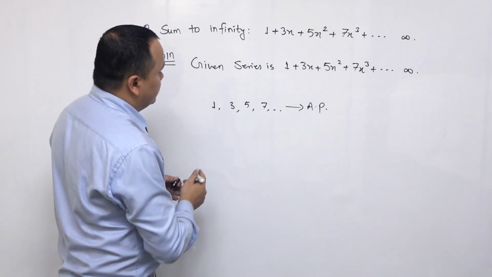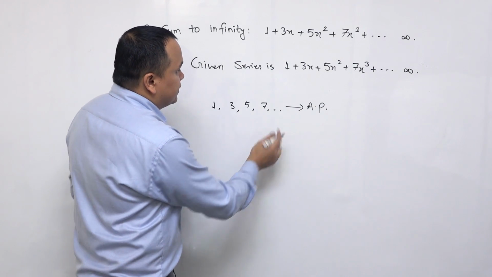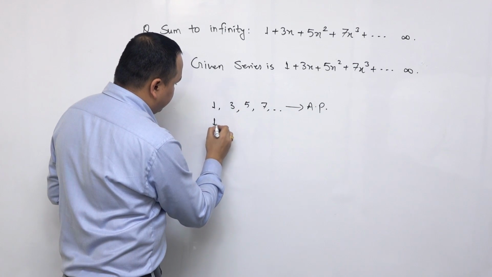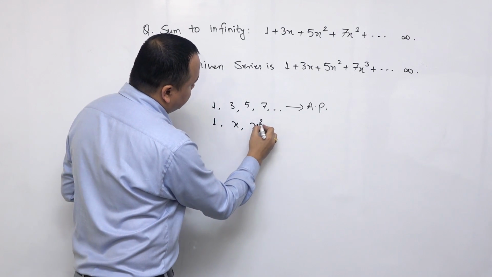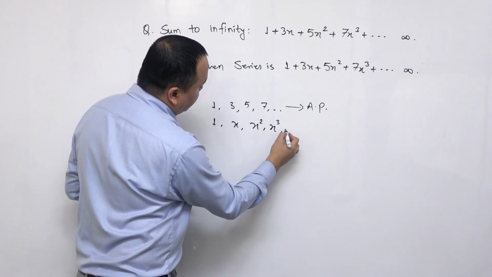Similarly, again we take 1, x, x square, x cube, dot dot dot.